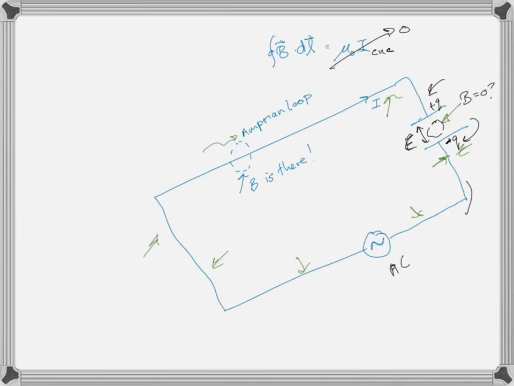Remember, what an AC power source does is push charges and pull charges from the plates. So it switches the charge distribution on the plates from plus to minus to plus to minus. That gives us an electric field that oscillates, pointing towards one plate, then towards the other plate. Hence, I'm putting an arrow on both sides. Sometimes it's going to point that way, sometimes that way. So there's a changing electric field in there.